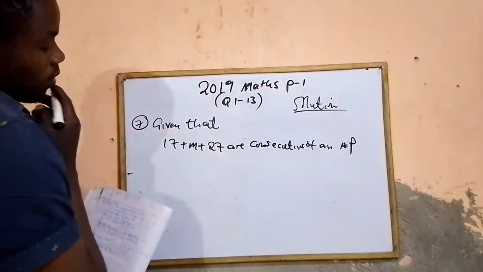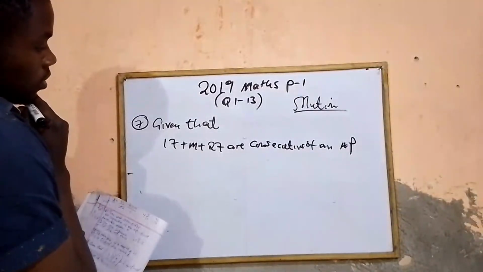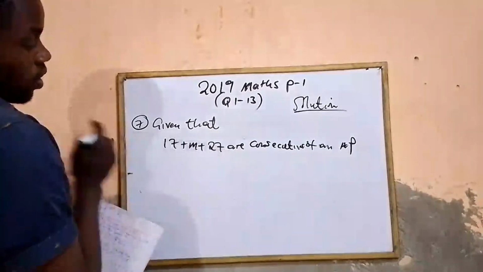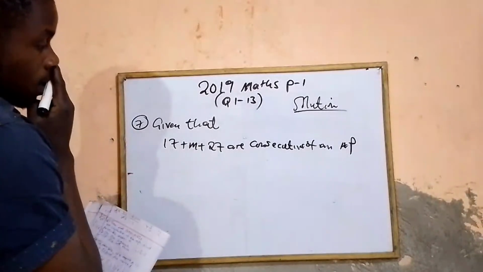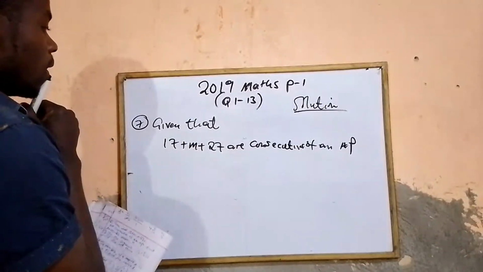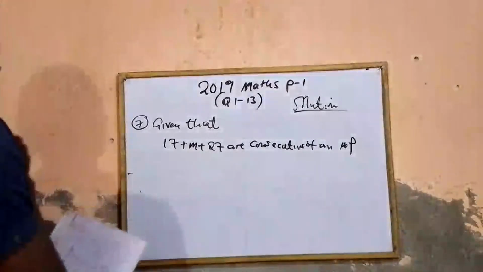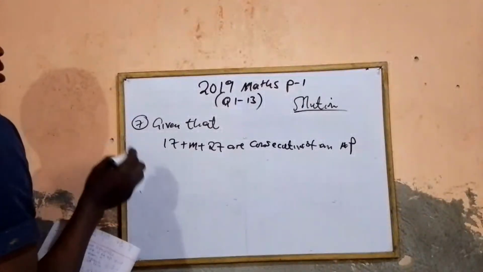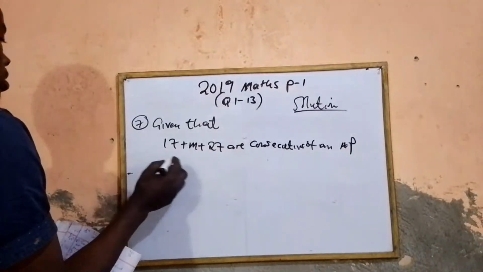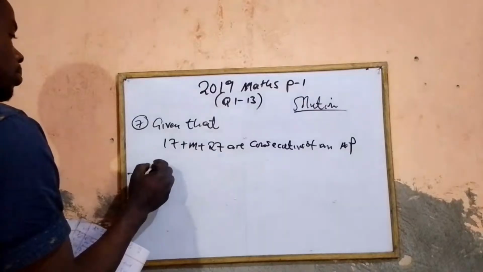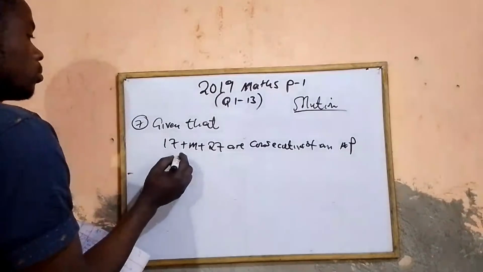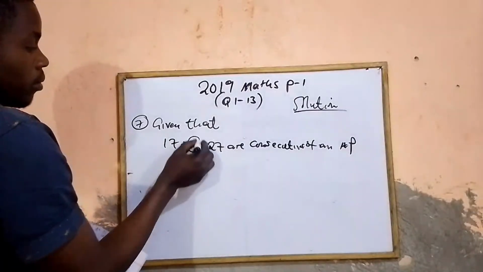So how do we find the arithmetic mean? For the arithmetic mean we add the terms we are given, then divide by 2. To find the value of m, they are asking for the number which is in between.